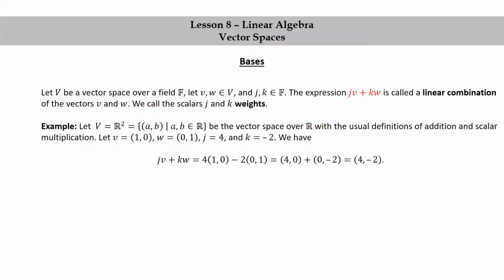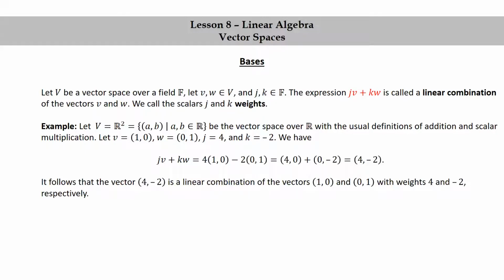We have jv plus kw is equal to 4 times (1, 0) minus 2 times (0, 1) equals (4, 0) plus (0, -2) equals (4, -2). It follows that the vector (4, -2) is a linear combination of the vectors (1, 0) and (0, 1) with weights 4 and -2 respectively.